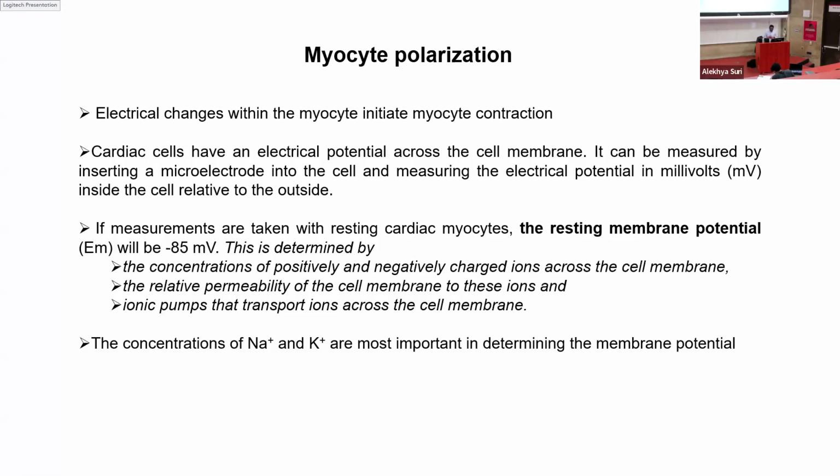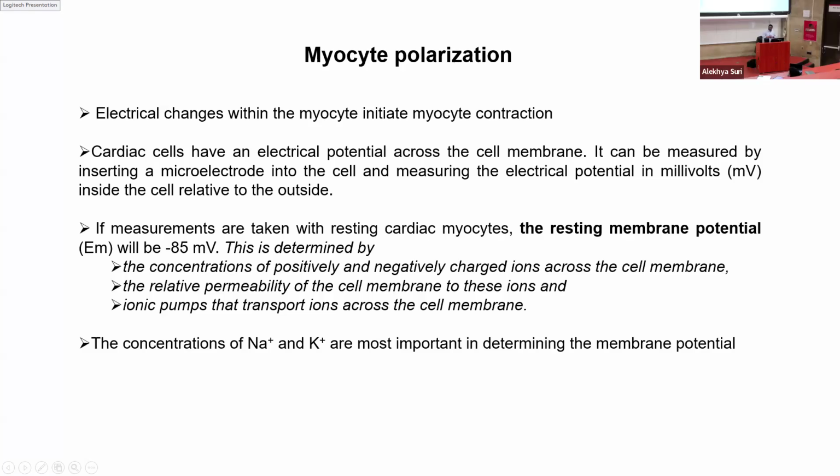And this minus 85 millivolts is determined by the concentration of positively and negatively charged ions across the membrane, the relative permeability of the ions through the cell membrane, and finally the ionic pumps that transport across the cell membrane.